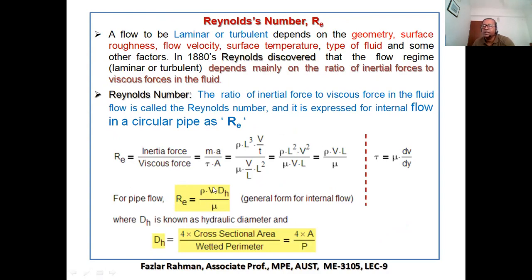I will get the velocity V equal to Q by A. Hydraulic diameter, you need to figure out as I showed in the previous slide: 4 into cross-sectional area divided by weighted perimeter. And if it is a circular pipe, then you can immediately put hydraulic diameter equal to diameter of the pipe. But if it is rectangular or other form, then you need to figure out the hydraulic diameter. Viscosity is a property of the fluid. So you see everything is known, only you need to figure out the hydraulic diameter.